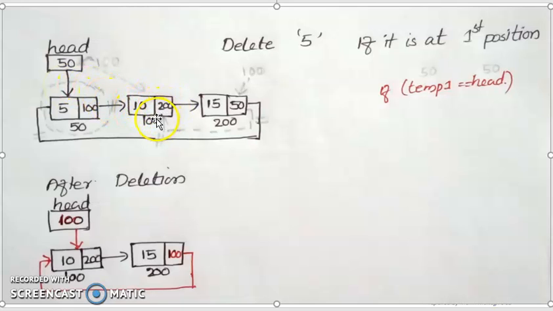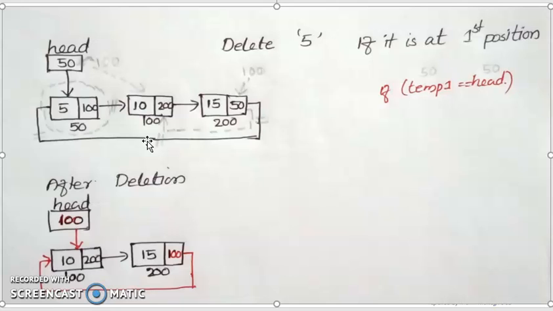This node becomes the head node, and this node's next part was 50 before, and right now it is 100, which is what head points to. So these are the changes if the element we want to delete is in the circular linked list at the first position.